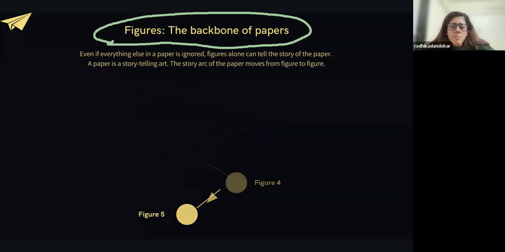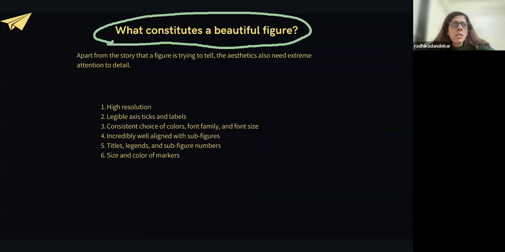These 6 pointers constitute a beautiful figure. First is high resolution. It's very important that your figures are high resolution, so that whenever the reviewers zoom in, they don't blur.